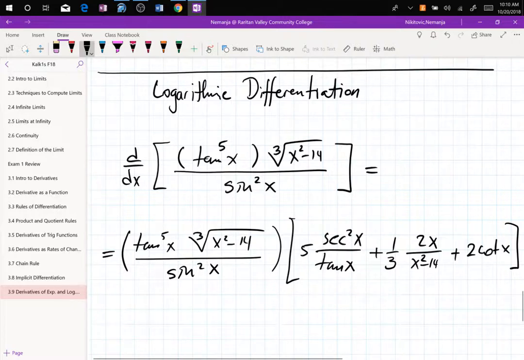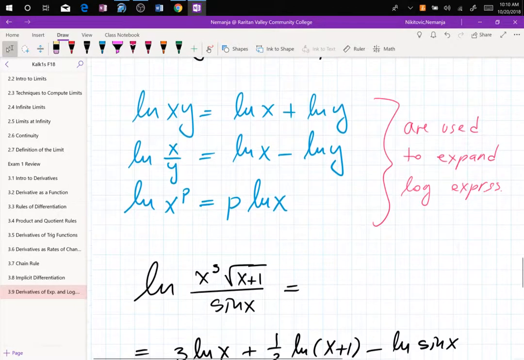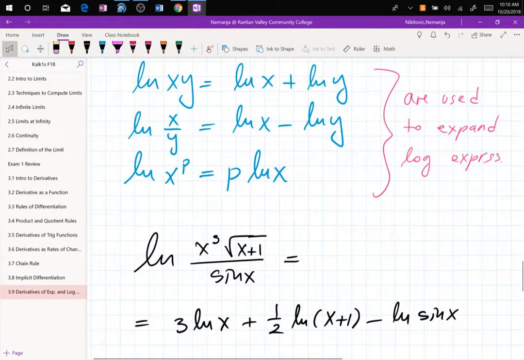So you can learn this in logarithmic differentiation. But it only works if you are masters of these three formulas which I asked you to review last time we talked. I asked you to review and practice the skill of breaking down complex expressions through these log formulas.